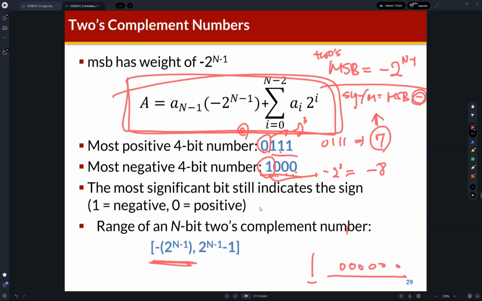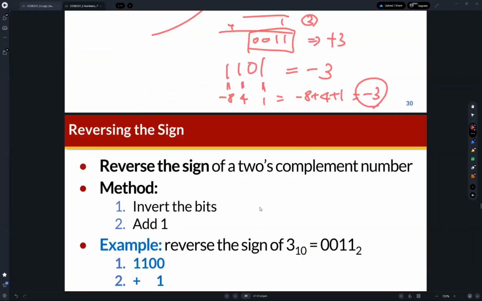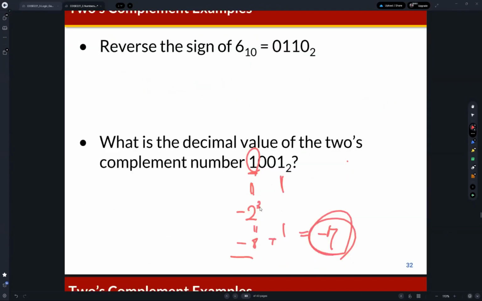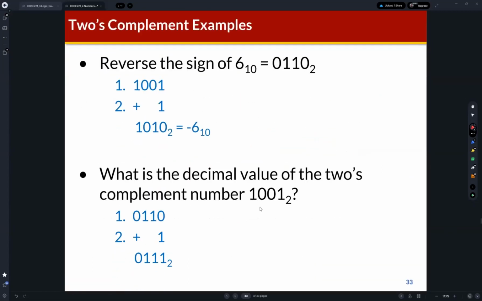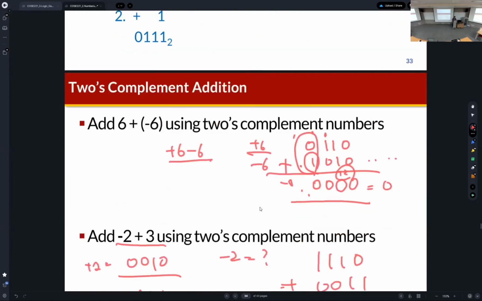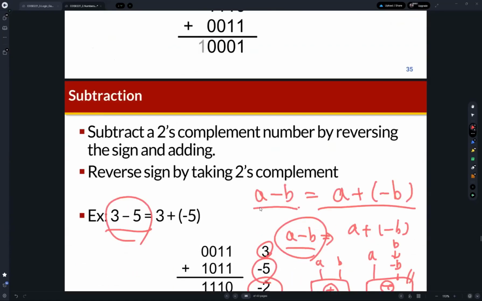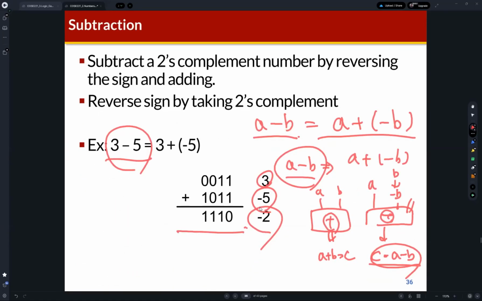And then we can add the magnitude of the remaining bits. The two's complement number, and then also if we use the two's complement number, then we can use the same normal arithmetic unit for calculation.